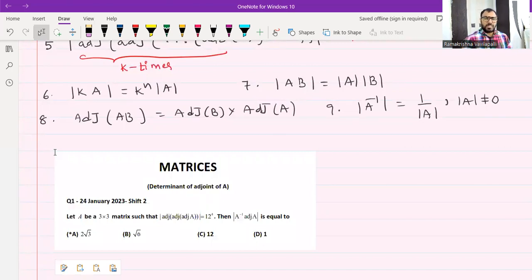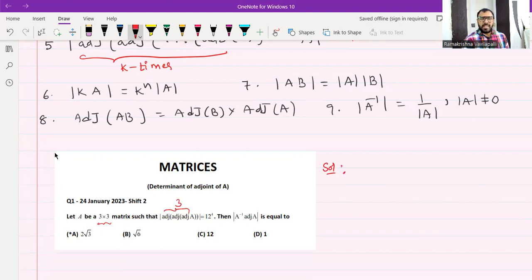See here, this question was asked in JEE Main January 2023. Let A be a 3 by 3 matrix such that the determinant of adjoint of adjoint of adjoint of A is given. See how many adjoints there are here: we have 3 adjoints. The solution is quite simple.